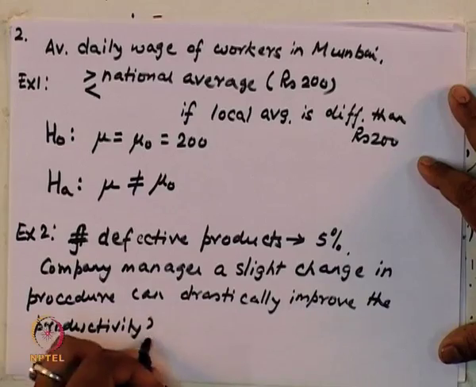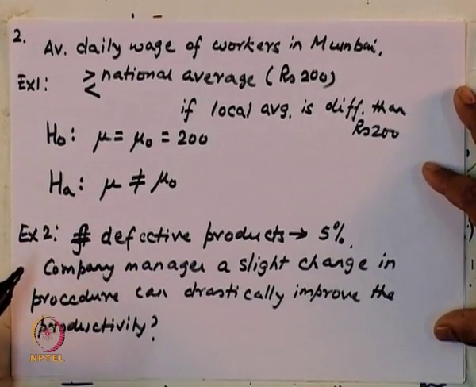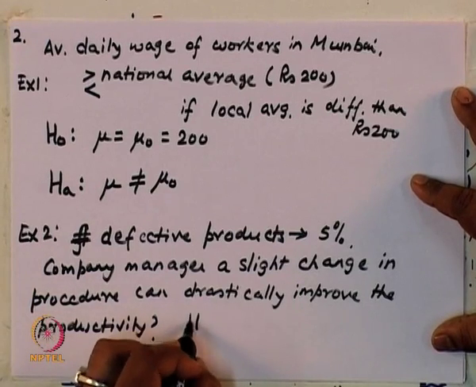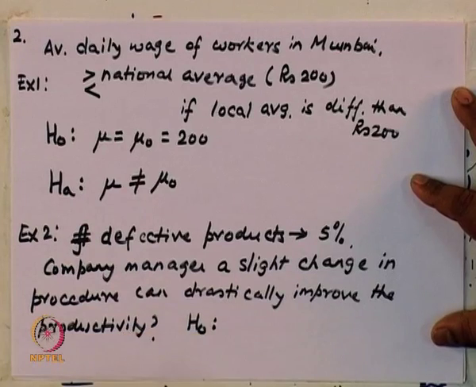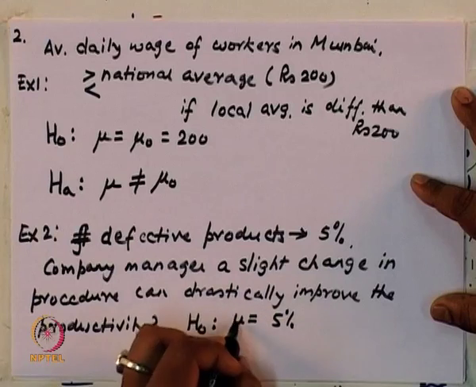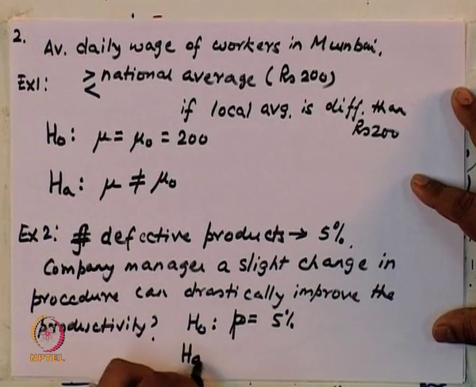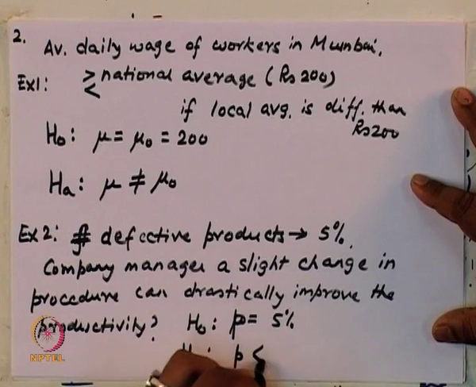By increasing productivity, I mean that the number of defective products produced will be significantly less. So, in this case, my H naught is P equal to 5%, and the alternate hypothesis is P less than 5%.